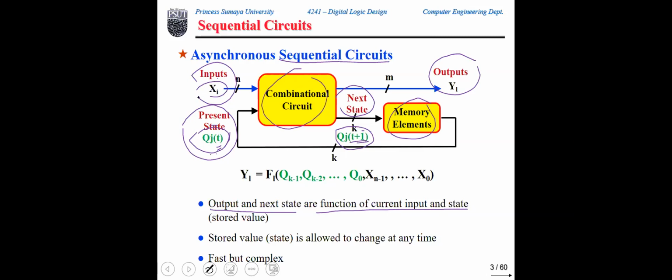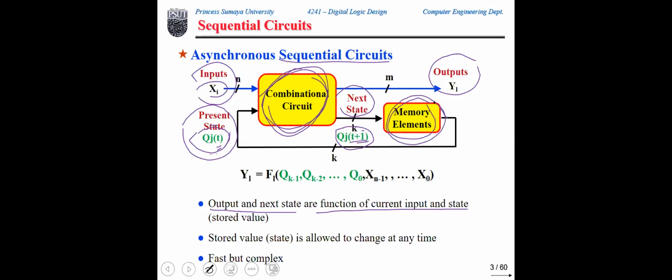And how are these outputs and next state values calculated? Basically using the combinational logic part. So you will see later that when you want to design a sequential logic circuit, you should know how combinational logic circuits are designed. If you don't know how to design a combinational logic circuit, you can't design a sequential logic circuit, because the only difference between the two is the existence of the memory.